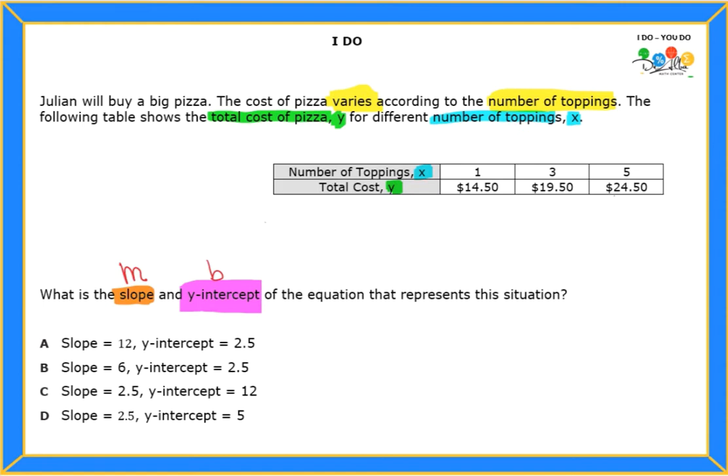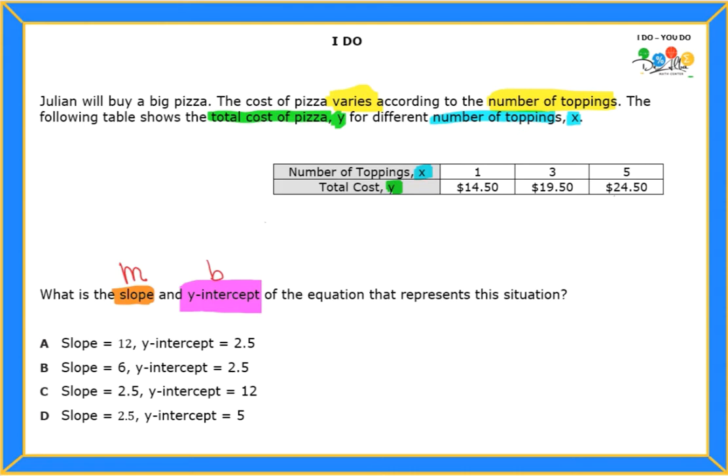But if you buy a pizza and you add 5 toppings, you will pay $24.50. So notice how the total cost of the pizza depends on how many toppings you are actually adding to the pizza. So one of the questions that you want to ask yourself is, how much would I pay if I do not put any toppings?